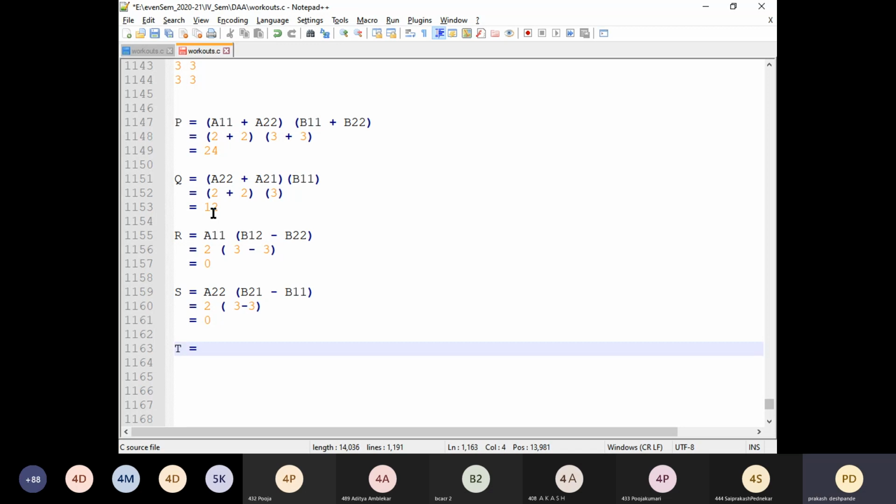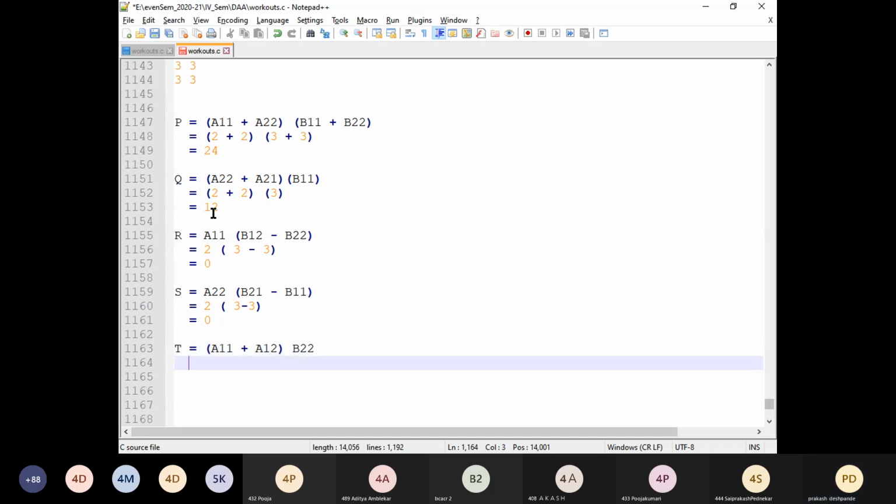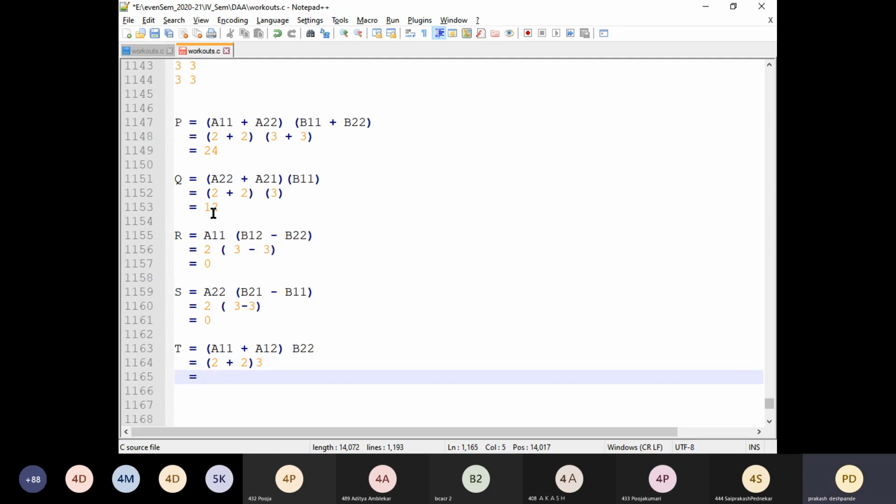Formula T. T is equal to A11 plus A12 multiplied by B22. A11 is 2 plus 2 multiplied by 3. What is the answer here? 12.